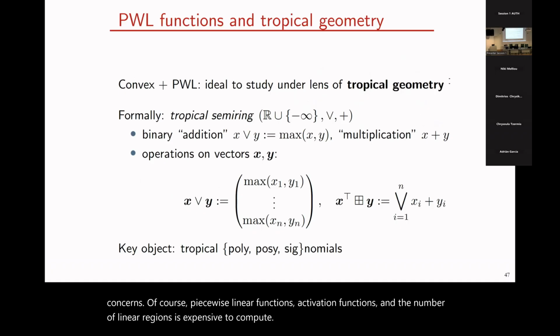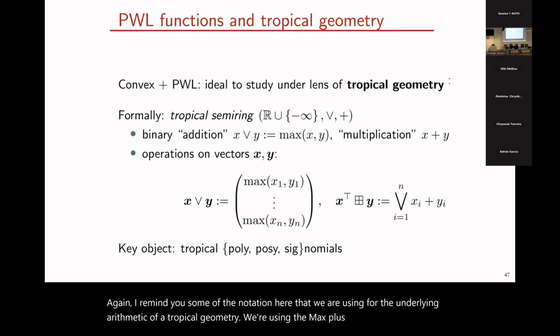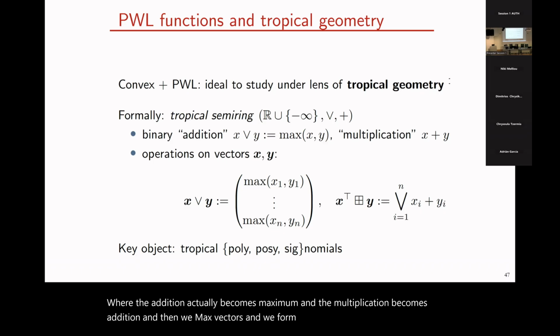Again, I remind you of some of the notation that we are using for the underlying arithmetic of tropical geometry. We're using the max-plus ring, where the addition actually becomes maximum and the multiplication becomes addition. And then we form the max-plus products of two matrices or two vectors in the following way.